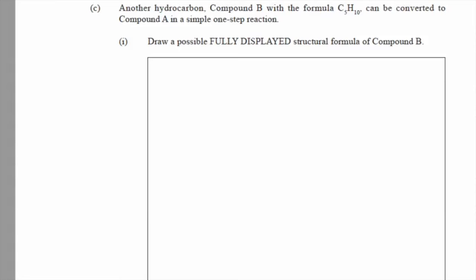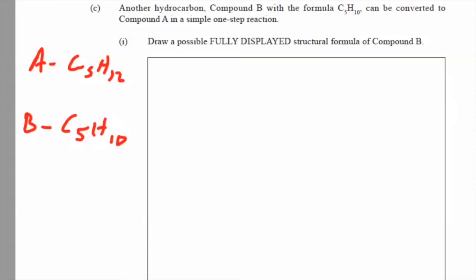This is similar to compound A. Compound A we said was C5H12 and B is C5H10. And the difference here is just 2 hydrogens. And they're saying that B can be converted to A in a simple one-step reaction. Now, what would the fully displayed structural formula of compound B look like?